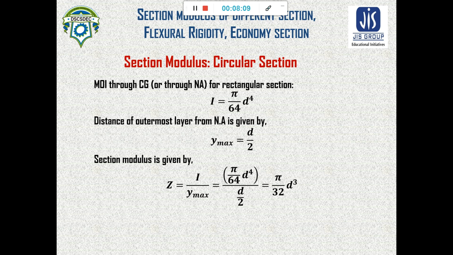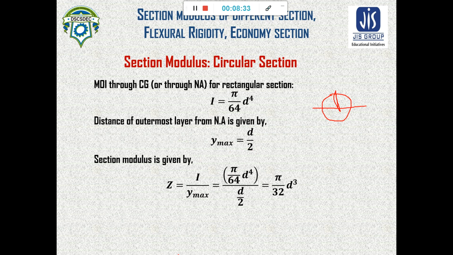Now for the circle, the neutral axis will be through the center. So the distance of the outermost fiber will be small d by 2. So y max is similar to the previous two cases, that is small d by 2.